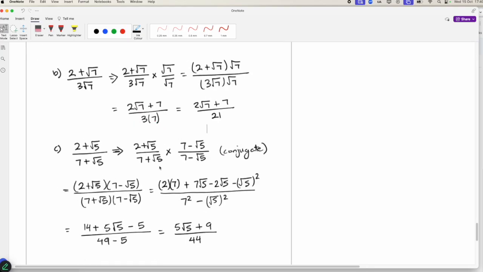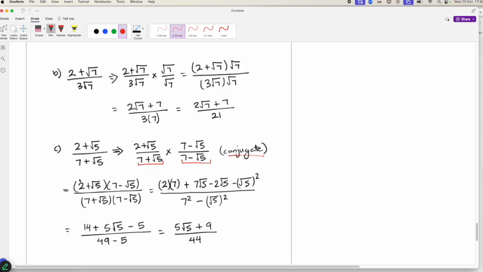If we look at this one now, I have 2 plus root 5 divided by 7 plus root 5. And how do I get rid of this 7 plus root 5? I multiply by the conjugate, which will be 7 minus root 5. This is what we were talking about just now, and this concept comes from a difference of 2 squares, and it'll help us get rid of that root 5 there.